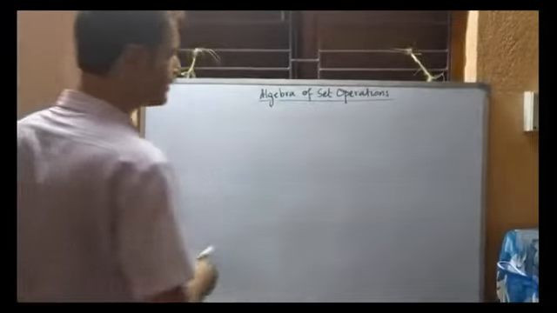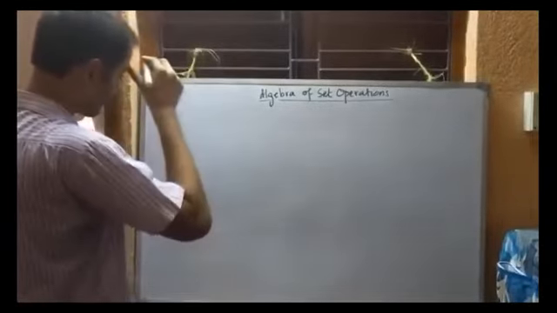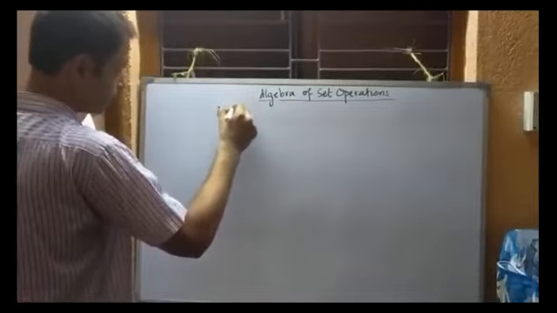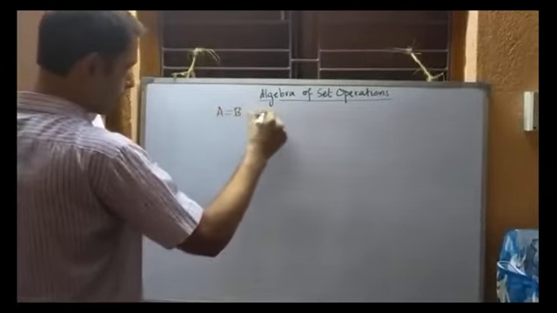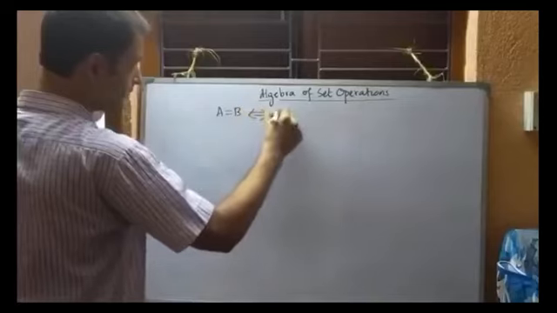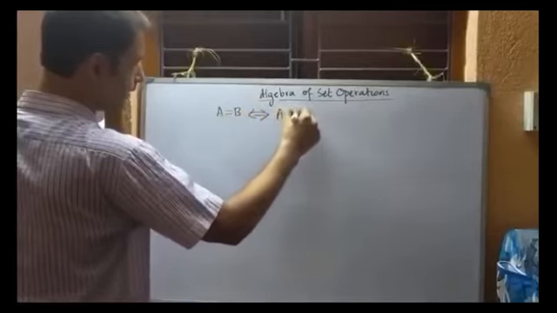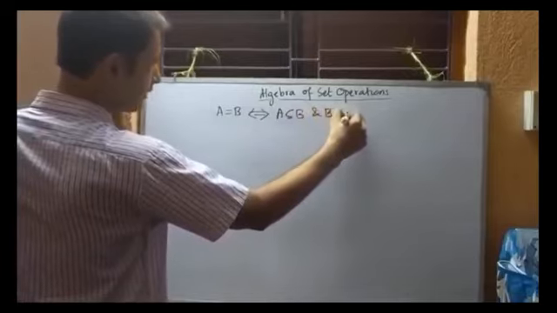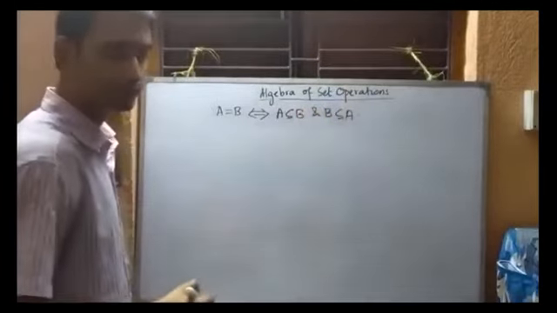Another way to prove the equality of two sets is like this. To prove A equal to B, we can alternatively show that A is a subset of B and B is a subset of A together.